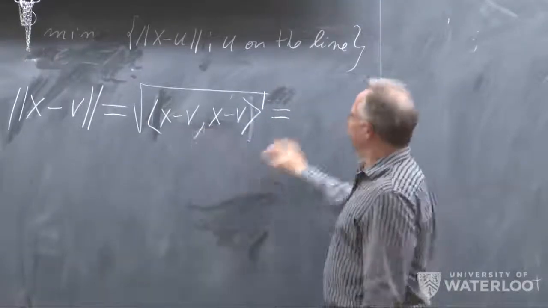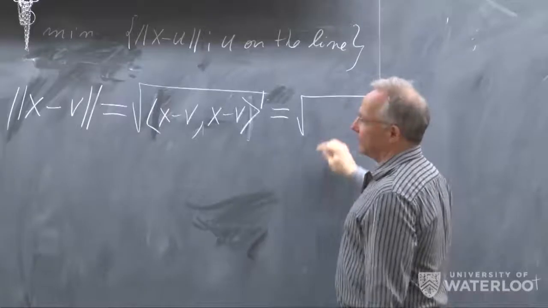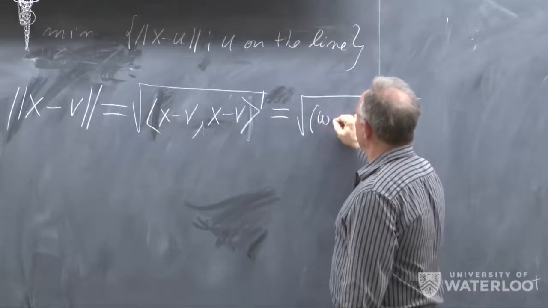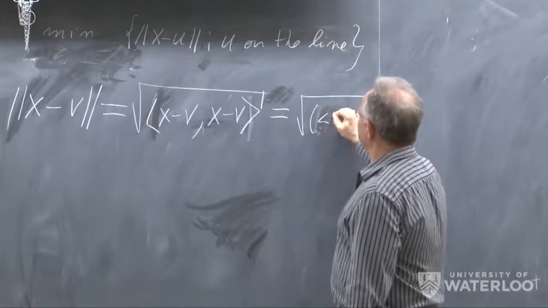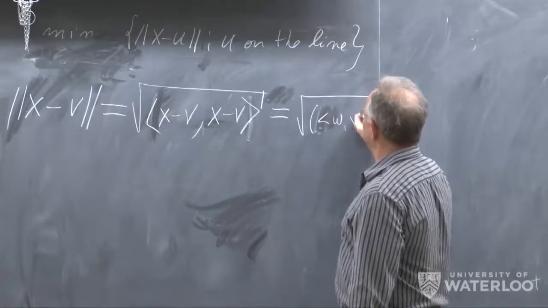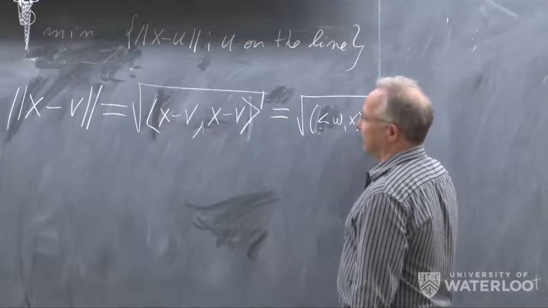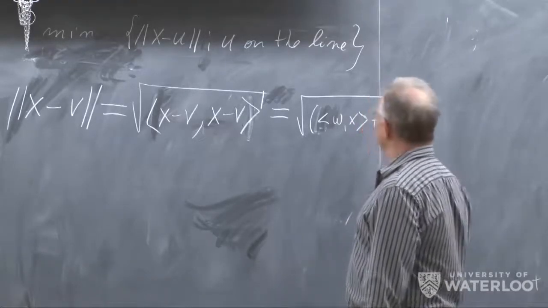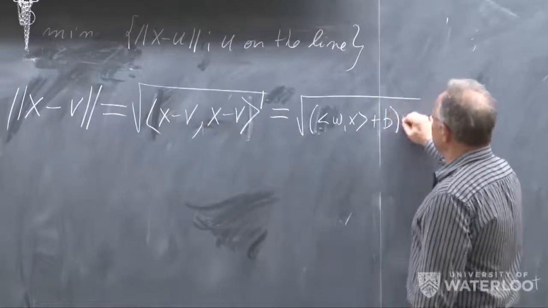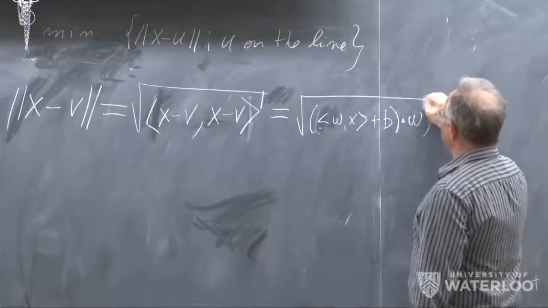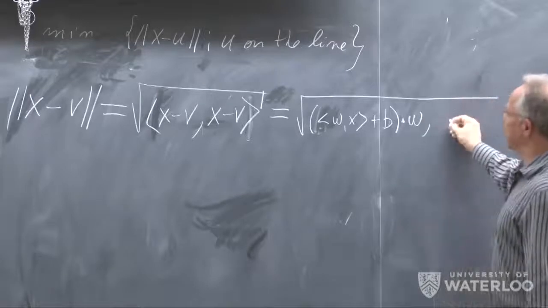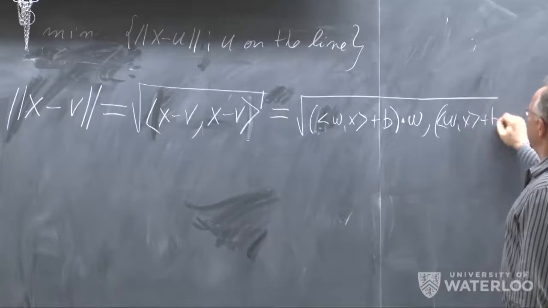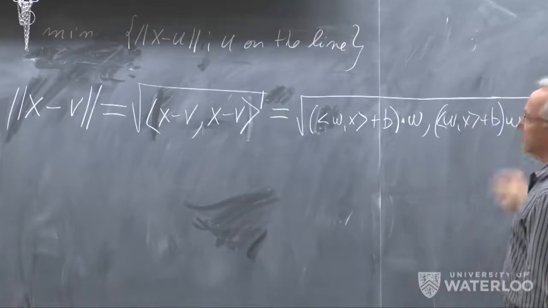What is x minus v? x minus v is w x plus b, which is a constant times w. And the same thing, x minus v again: w x plus b times w.